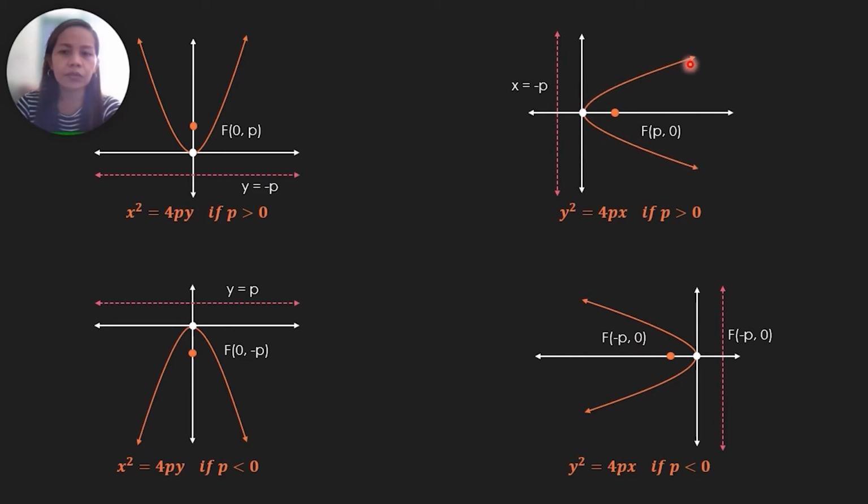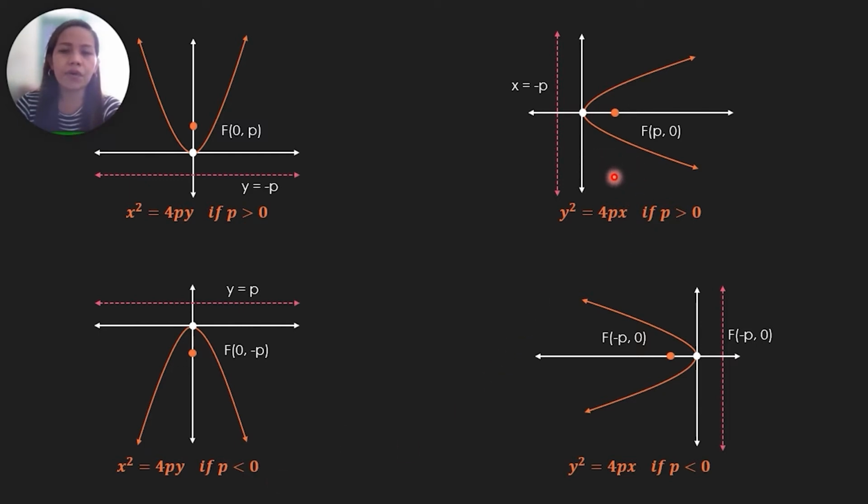It will open to the right side if you have y squared equals to 4px, and when your p is a positive number. So, tanawa ang kalainan sa equation. Kung x squared siya, it's either it will open up or down. Kung x squared. Nakadepende na lang dayon na siya kung positive ba imong p or negative.